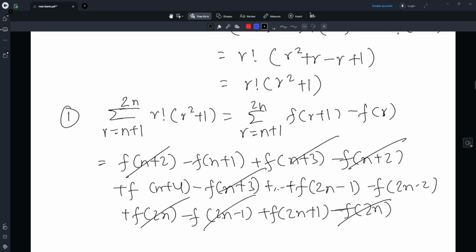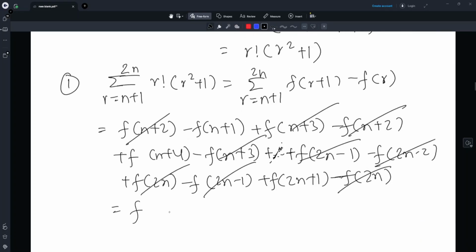This guy gets cancelled out with the third last terms plus, and so on. So in the same way, if I subtract this from this somewhere in between, everything else in between gets cancelled out, and therefore we only have f of 2n plus 1 minus f of n plus 1.